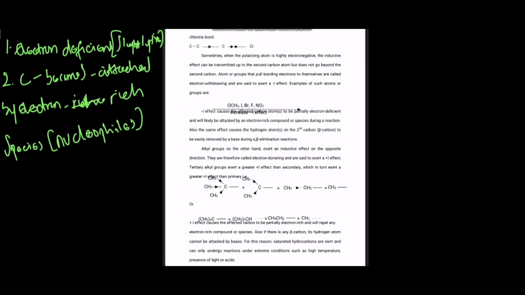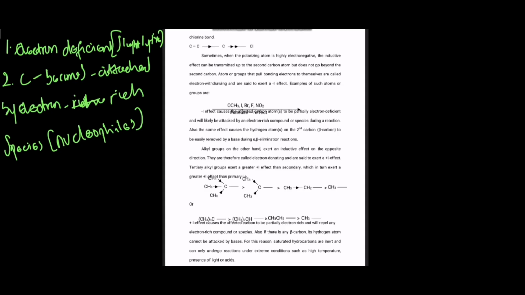And also, one other important thing I want you to note about the effect of the negative inductive effect is that it makes nearby hydrogen atoms easier to remove during elimination reaction.